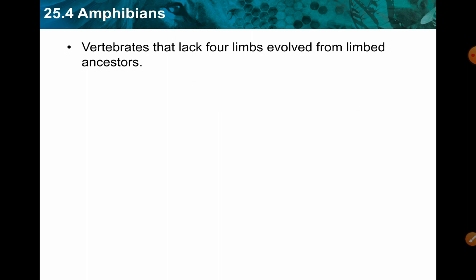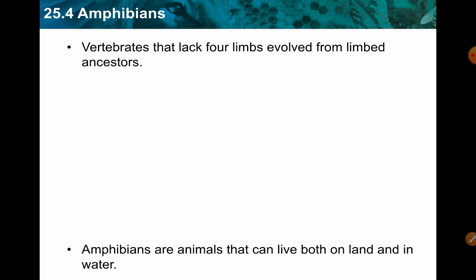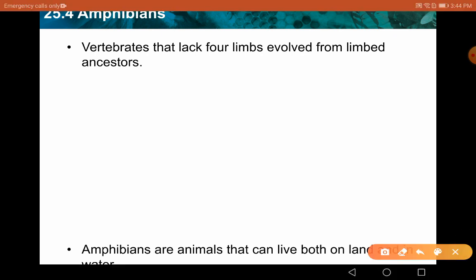You must know here that vertebrates that lack 4 limbs evolved from limbed ancestors, like snakes. Imagine that snakes are considered to have evolved from limbed ancestors. The second piece of information: what is meant by amphibians?